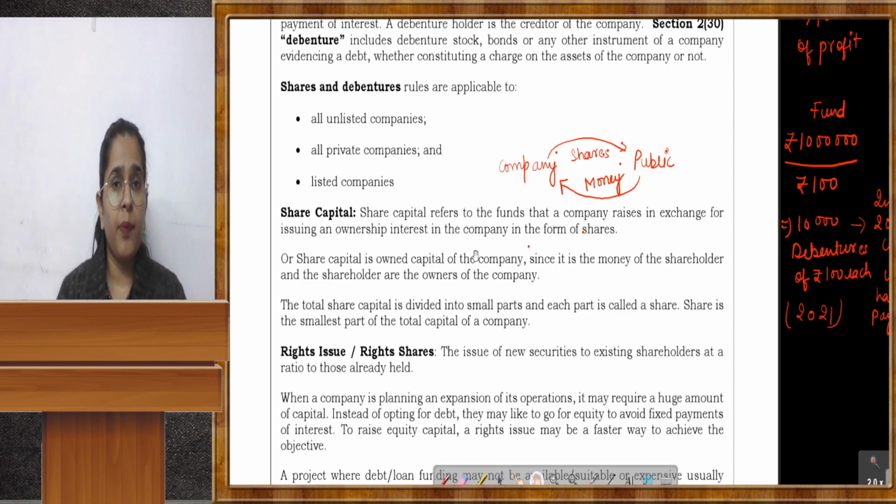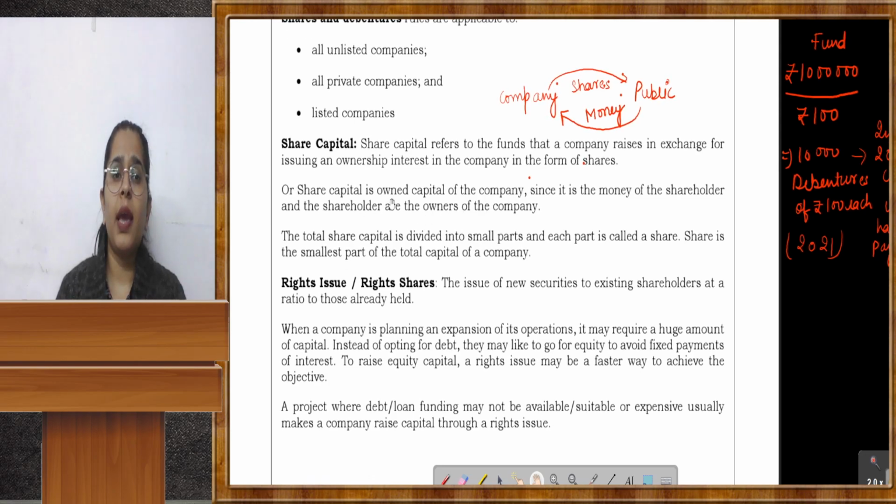The public gets the ownership interest. Whosoever purchases the shares becomes the owner of the company. Share capital is the own capital of the company since it is the money of shareholders, and shareholders are the owners of the company. Share capital means the capital which is used to carry on the business. And the person who invests such capital will be known as a shareholder, or in other terms, the owner of the company.